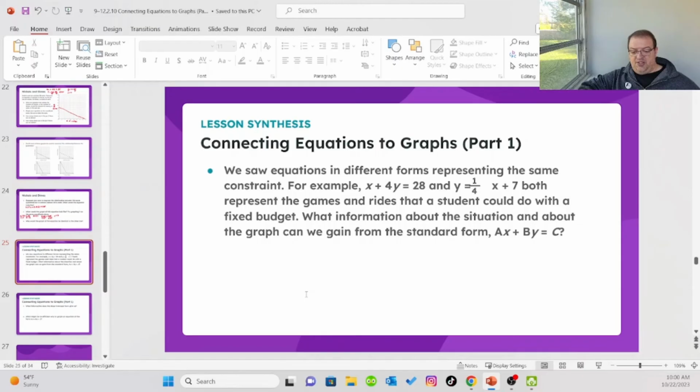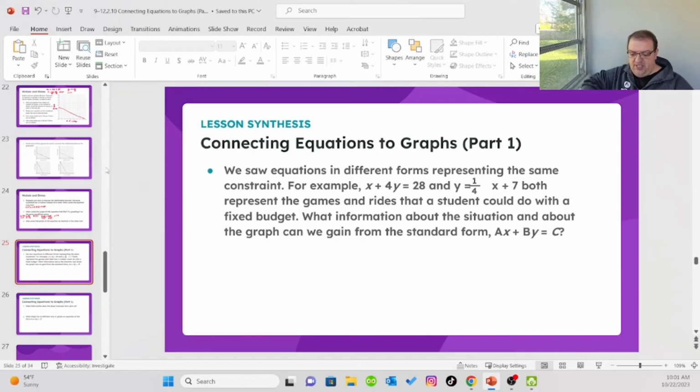In our lesson synthesis, we saw equations in different forms representing the same constraint. For example, x plus 4y equals 28 and y equals negative 1/4 x plus 7. Both represent the games and rides the student could do with a fixed budget. What information about the situation and about the graph can we gain from the standard form ax plus by equals c?